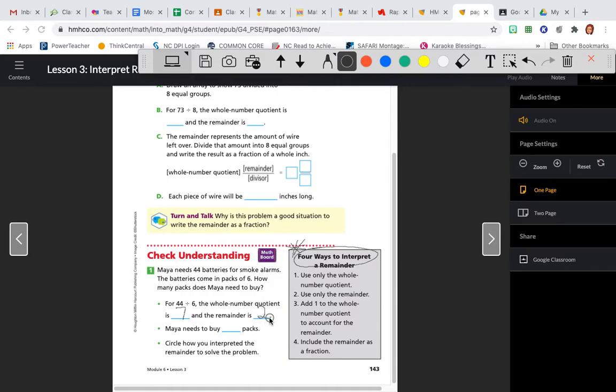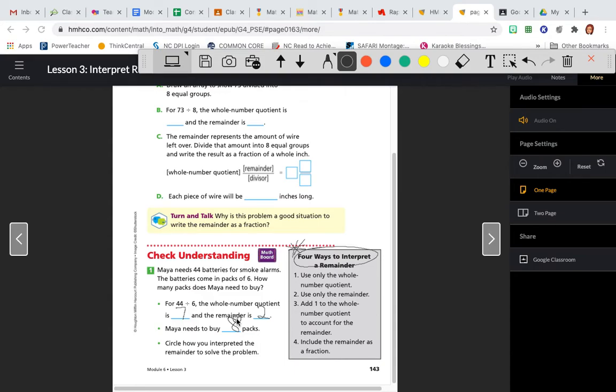So Maya needs to buy, well, we know she needs 7 packs, but she's got to continue to use those other 2. So we're going to add an extra pack. So we're going to add a 1 to the 7. So we need 8 packs of batteries in order to fill her smoke alarms, because she's still going to have to fill up that other smoke alarm.